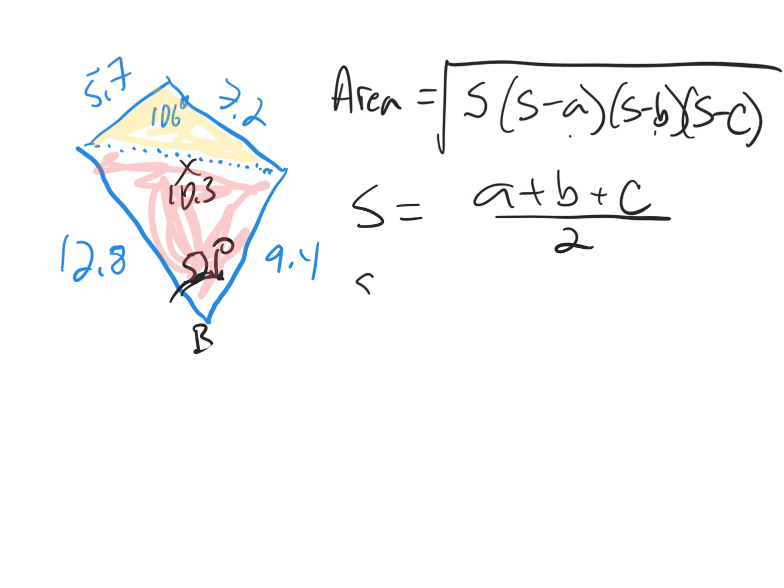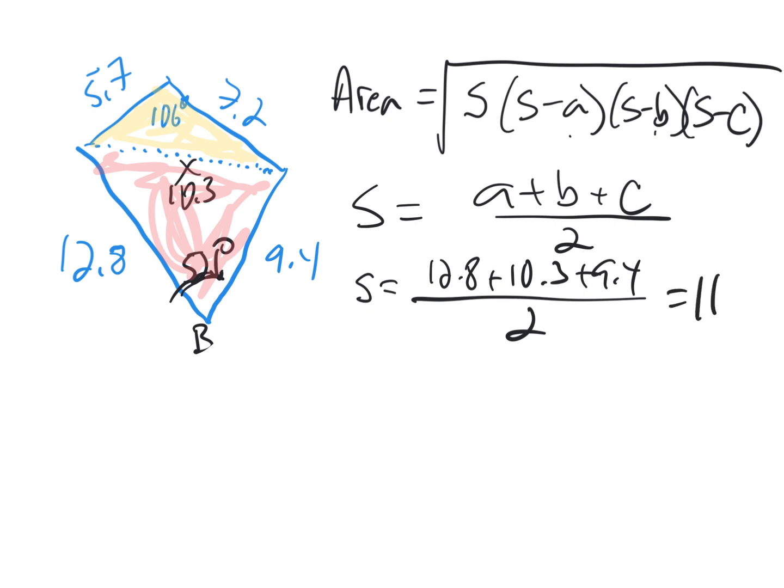So let's find S. I know one side is 12.8 plus 10.3 plus 9.4, and I'm going to divide that by 2. My calculator tells me that is 16.25. So that's the S number. Now let's do some setting up to find the area of that red triangle.